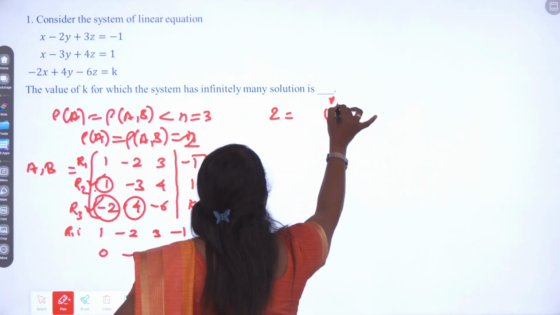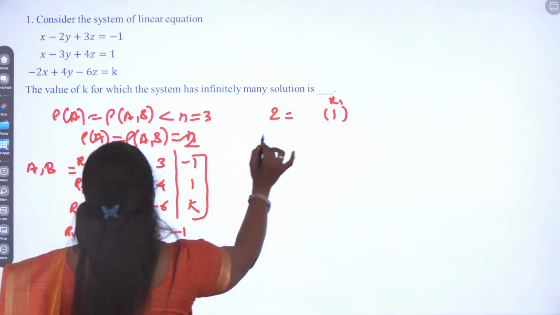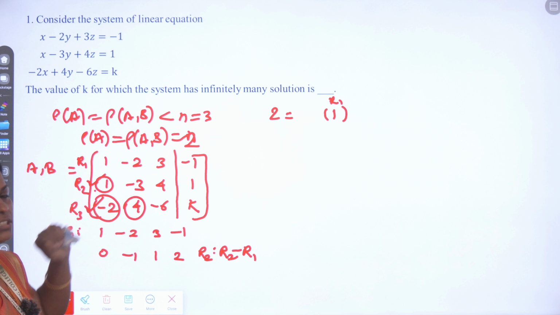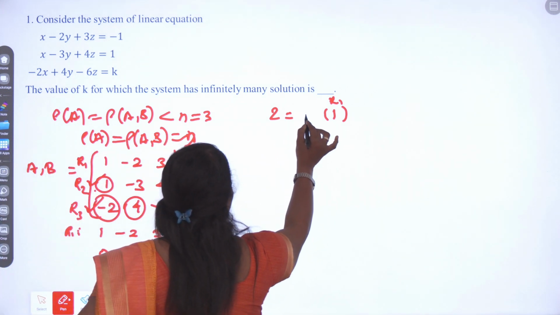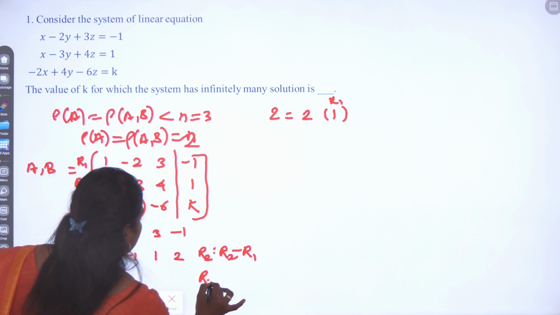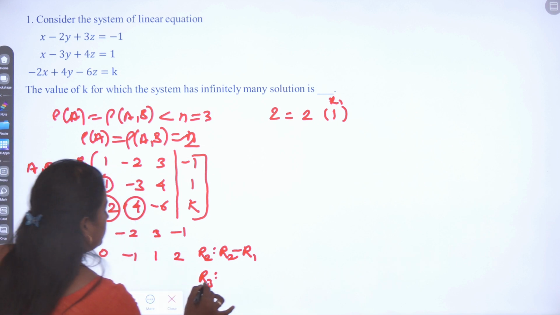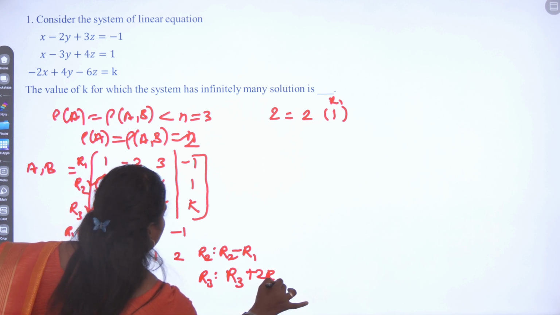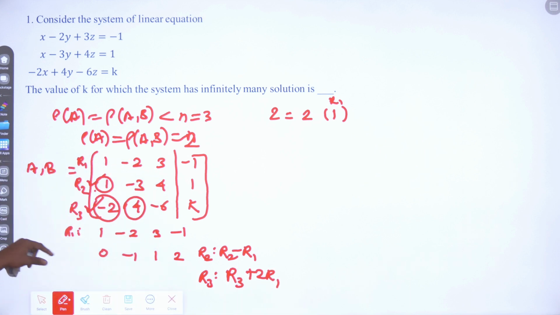This is R1. And here it should be the term we multiply such that it becomes plus 2. So multiplying by 2 here, R3 becomes R3 plus 2R1.